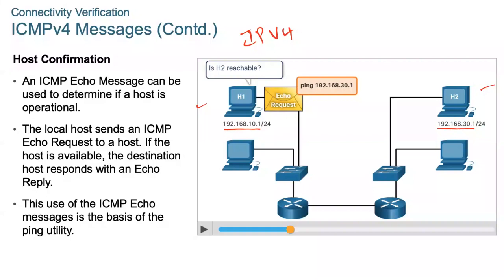We use the subnet mask to figure out what the network portion of the IP address is. So host 1 uses the IP address 192.168.10.1 and host 2 uses the IP address 192.168.30.1. By looking at these IP addresses, can we say that both the hosts are in the same network or in a different network?